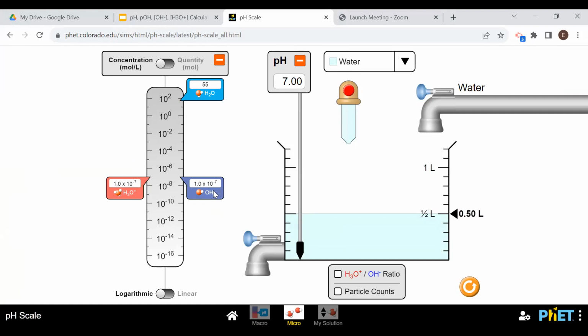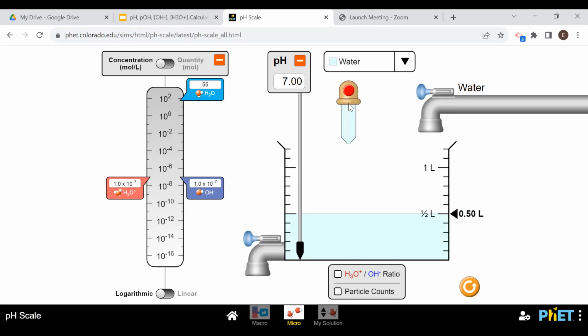They are equal. So from that Kw, if Kw is hydronium ion concentration times hydroxide ion concentration, that means when you multiply them, it is 1.00 times 10 to negative 14.